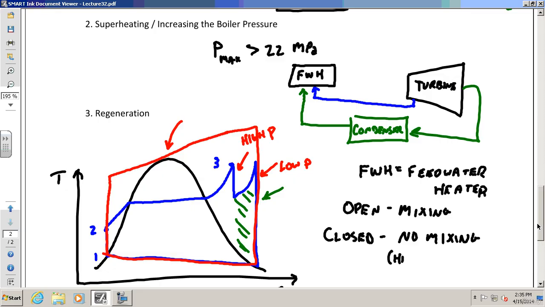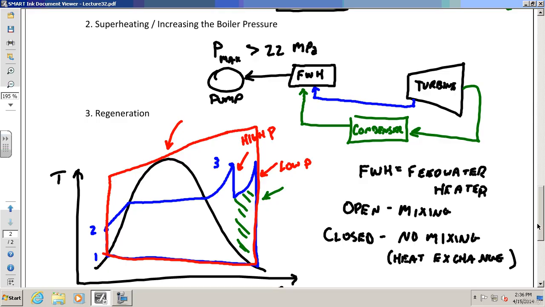That's what we call a heat exchanger. Regardless of whether it's open or closed, what we have out of the feed water heater, we then pump. So that's regen.